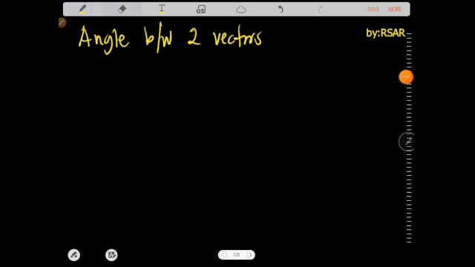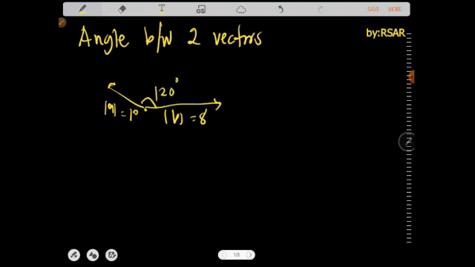So, another example. Ito naman, obtuse. Okay. So, vector A, meron siyang magnitude that is equals to 10. Yung vector B, yung magnitude niya is equals to 8, and then the angle between that two vector is 120 degrees. So, as you can see, obtuse yan.